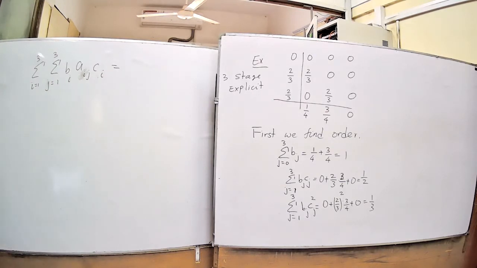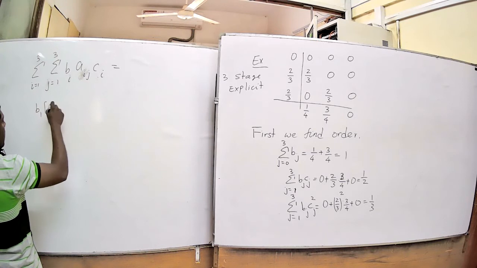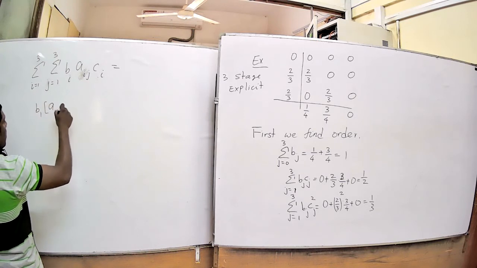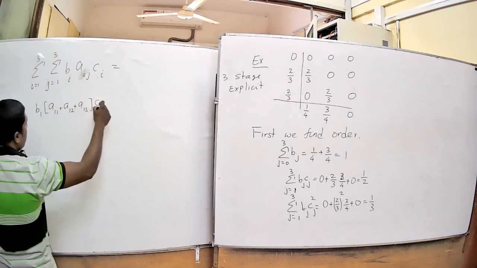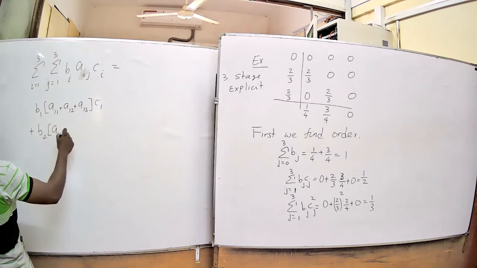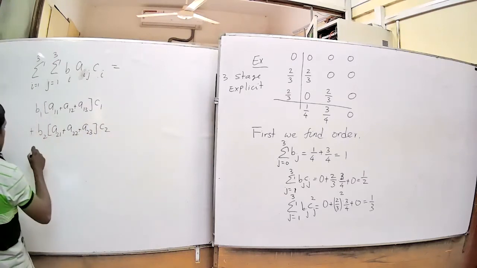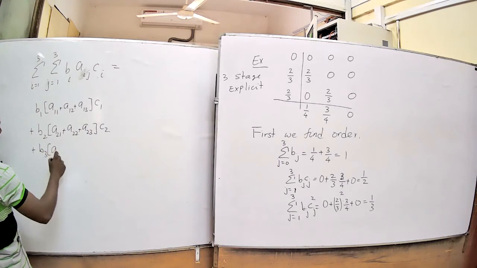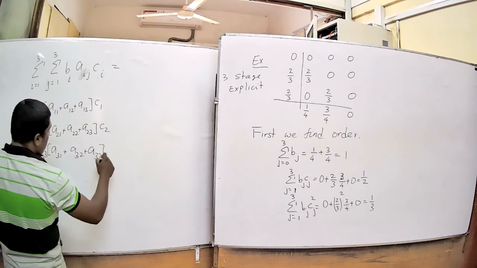When i is equal to 1, B1 is this, but C1 is 0, right? So this is basically B1 times the summation of A1,1 plus A1,2 plus A1,3 into C1, plus B2 into A2,1 plus A2,2 plus A2,3 into C2, plus B3 into A3,1 plus A3,2 plus A3,3 into C3, right?